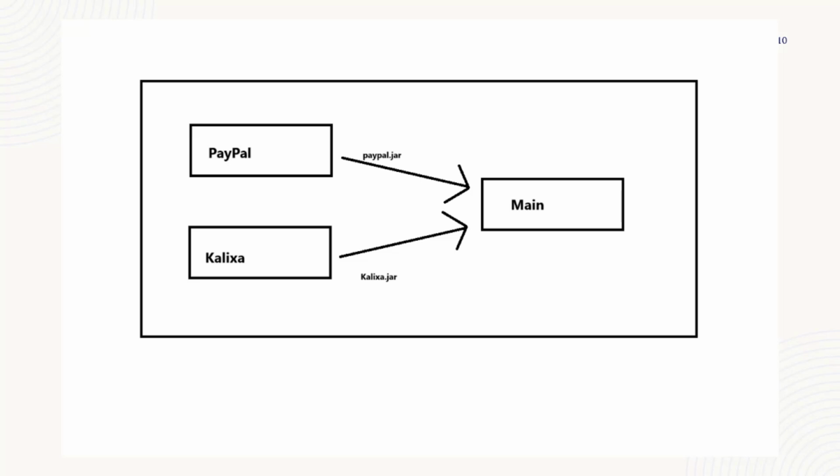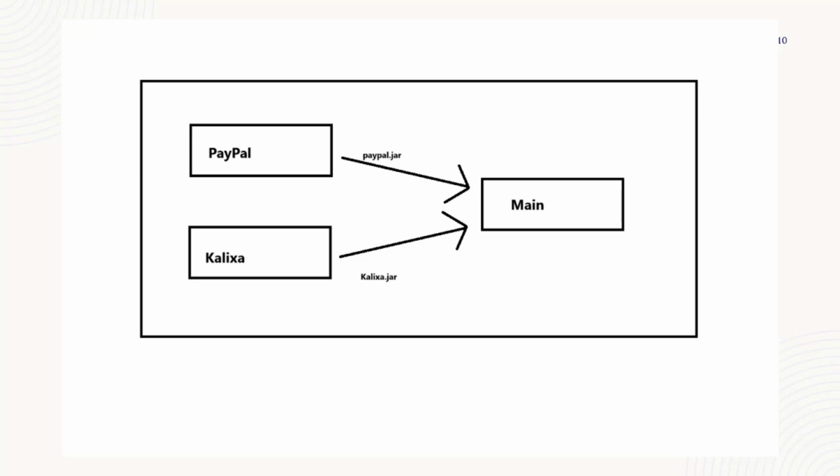Now coming to the main module. The main component in the diagram is likely the core application or a central module that manages interaction with both the payment providers. All the dependencies are stored in the main component. It could act as an integration layer that connects an e-commerce platform or application with the two payment gateways.